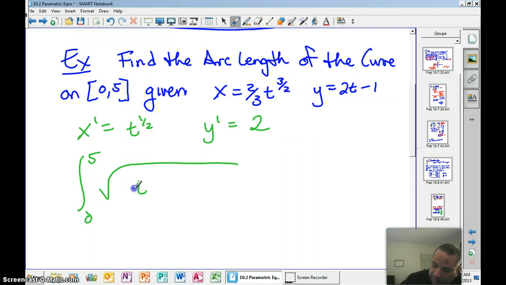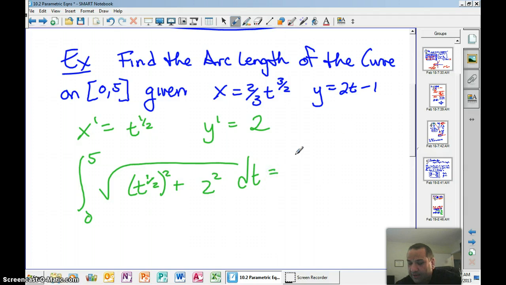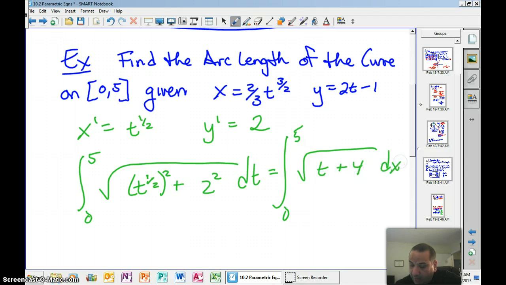Square root of t to the 1/2 squared plus 2 squared. So that tells me dt, I guess. Okay. So that tells me this is going to be the square root of t plus 4 dt. Well, I say dt, I write dx.